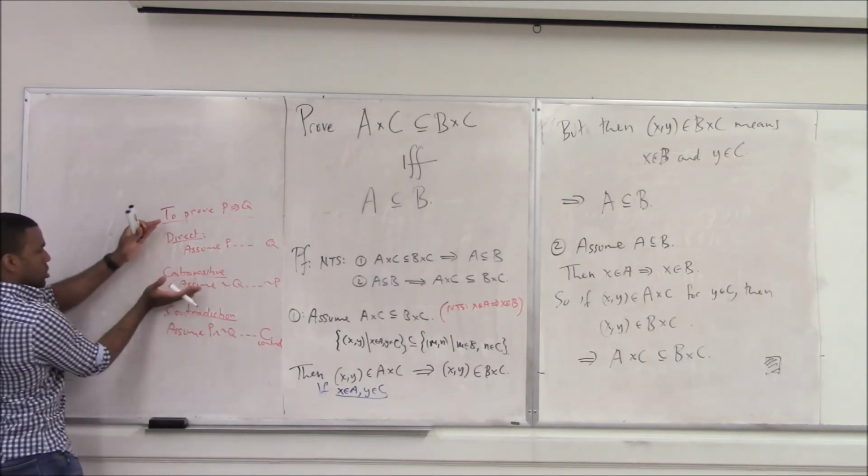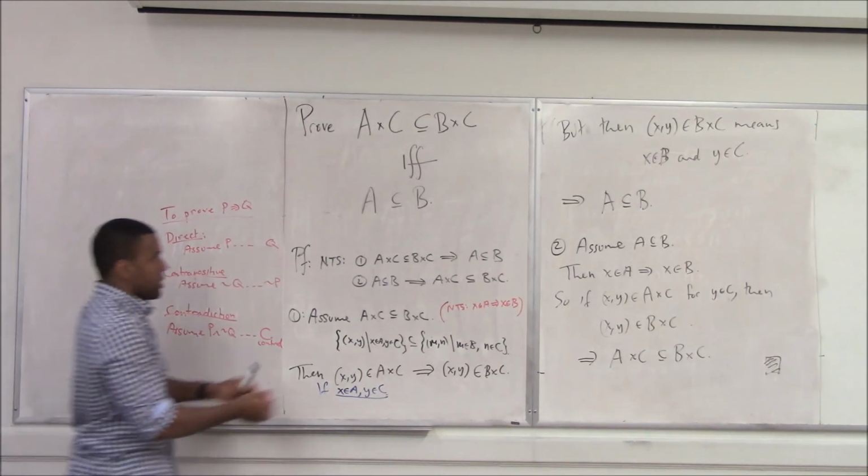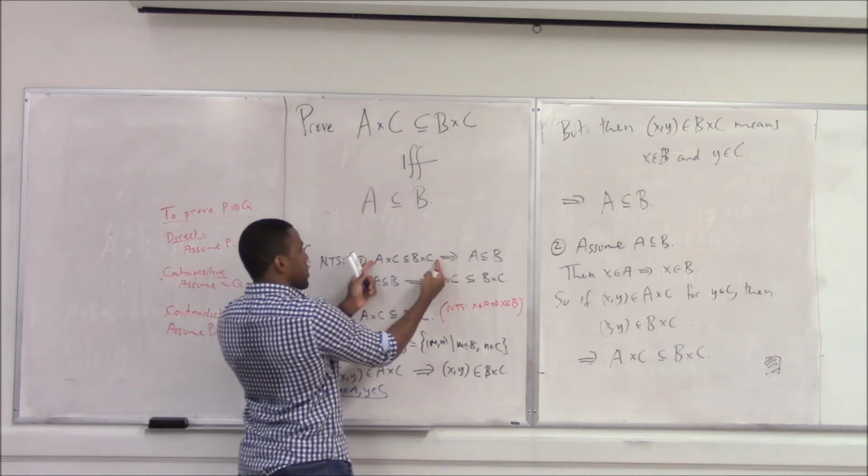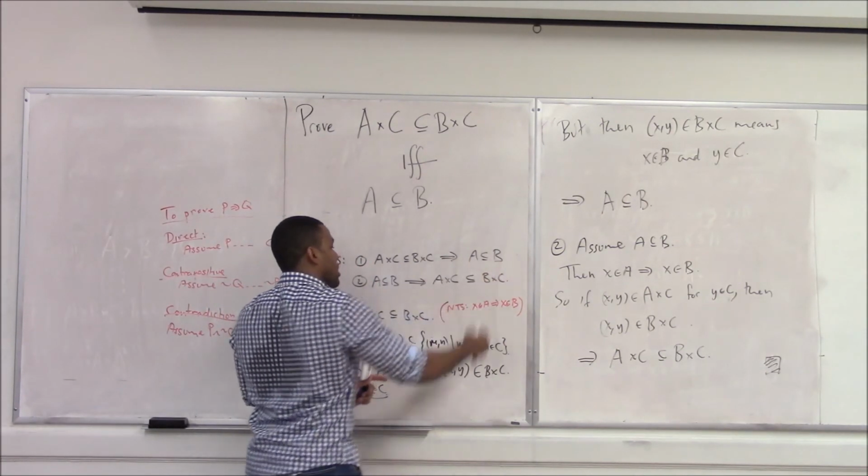But so far, these are the only two we have. So if you want to prove an implication, you're either going to assume the thing that's in front or assume the negation of the thing that's in the back.